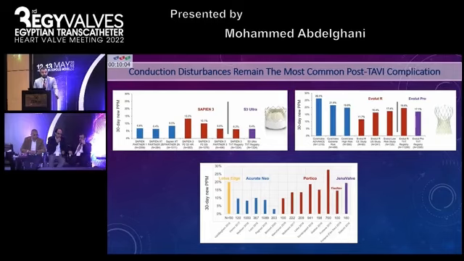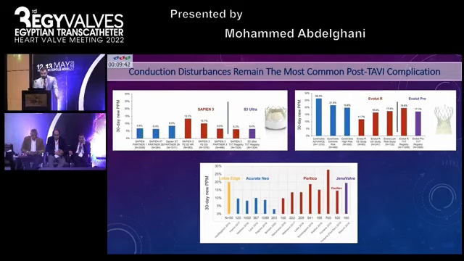Therefore, it's not surprising that conduction disturbances remain one of the most common post-TAVI complications, although the rate varies between different platforms and different iterations. Most platforms still show a pacemaker rate of two digits, with very few exceptions.